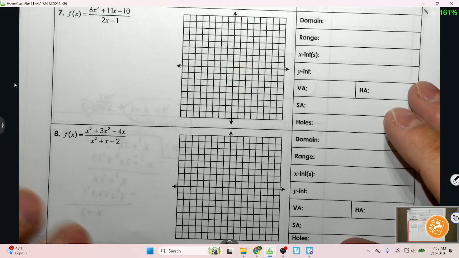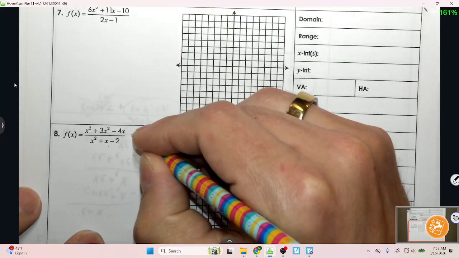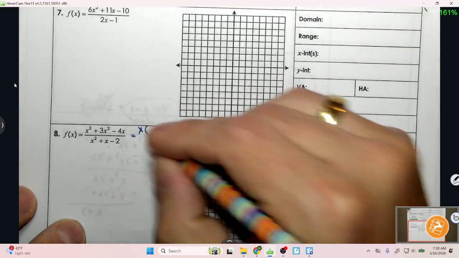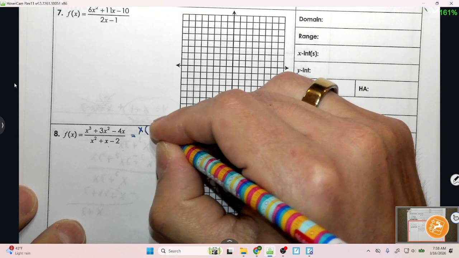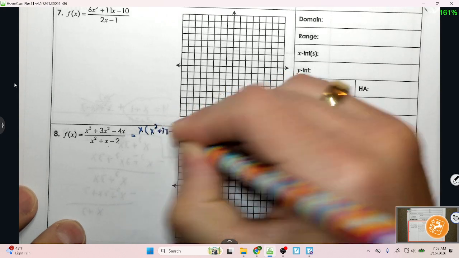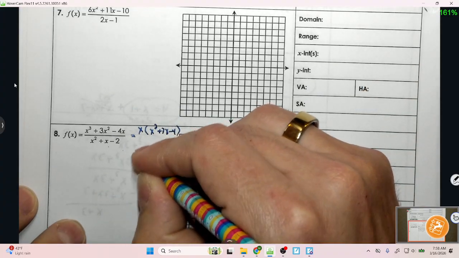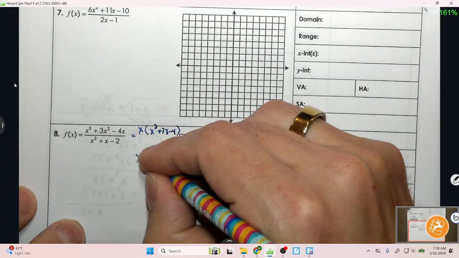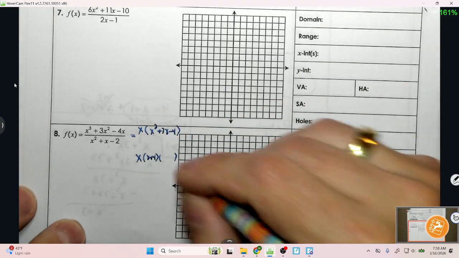So I'm going to look at this. I'm going to factor it first. So I can take an x out. That gives me x squared plus 3x minus 4. That gives me x times, hopefully it factors, looks like it will, x plus 4, x minus 1. Sorry for drawing so small.